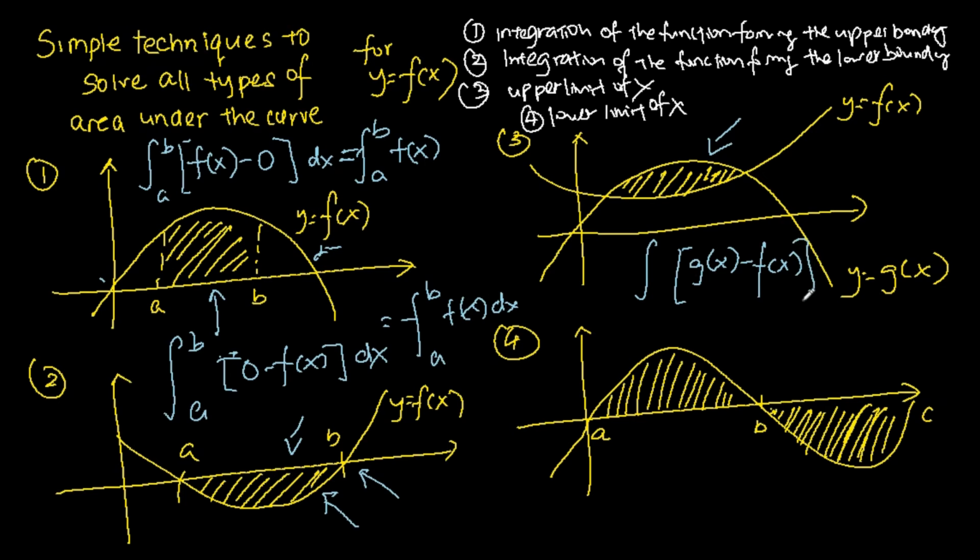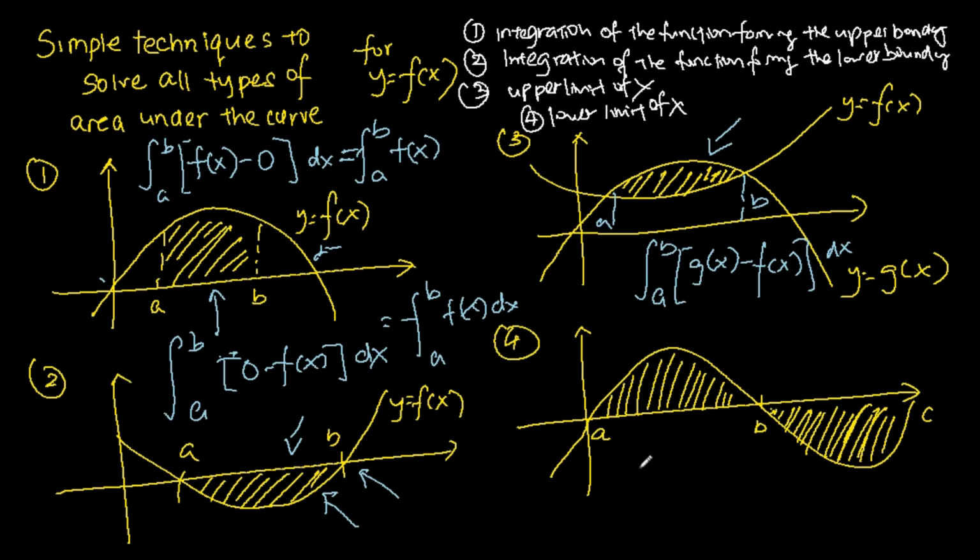The next thing is to find the upper limit of x, which in this case is b. And last but not least, the lower limit of x, which in this case is a. So basically, to find the area under the curve, we are evaluating from a to b of g(x) subtracting away f(x) dx.